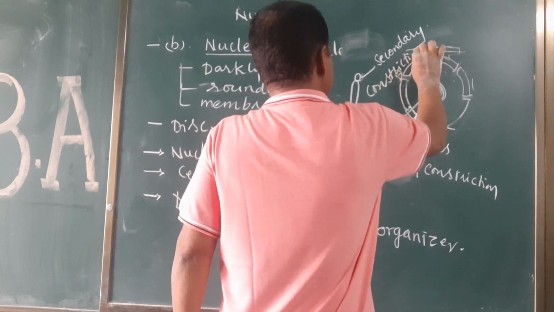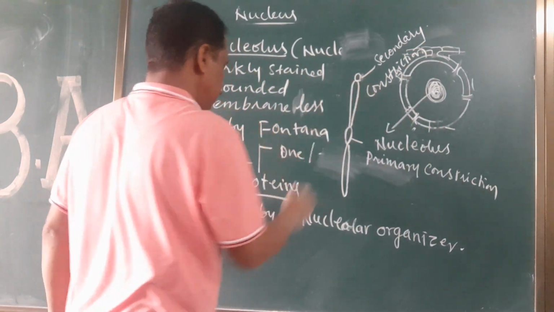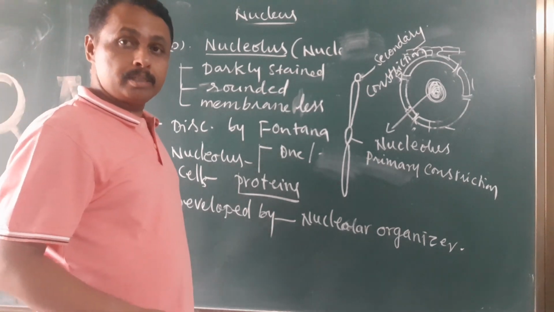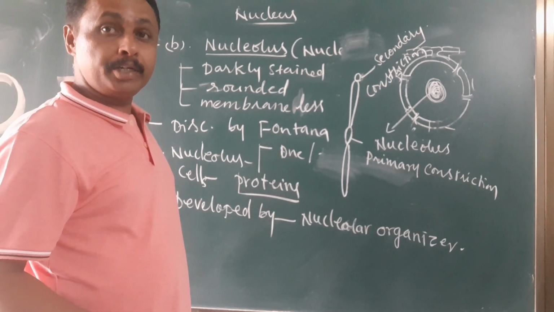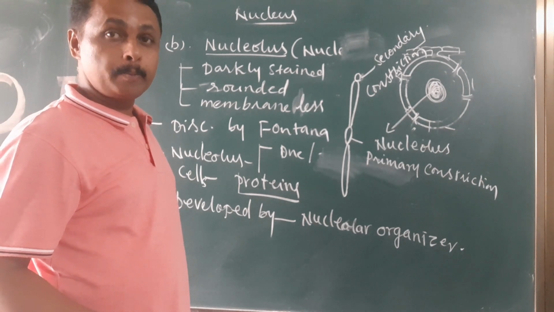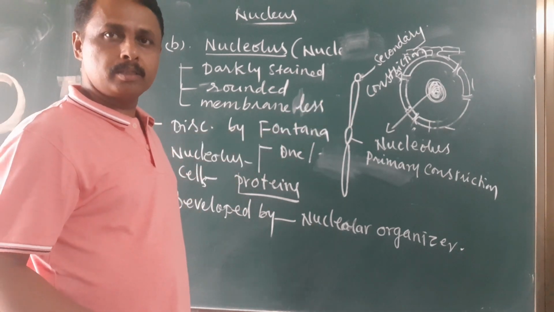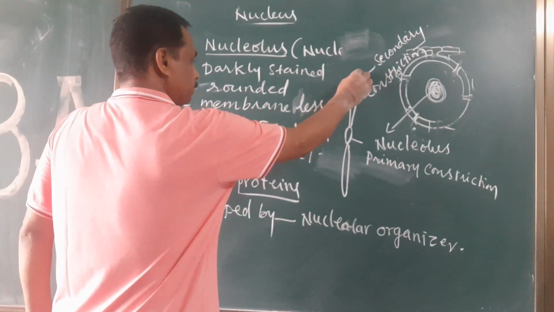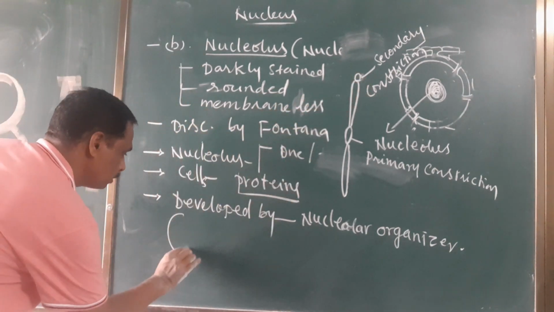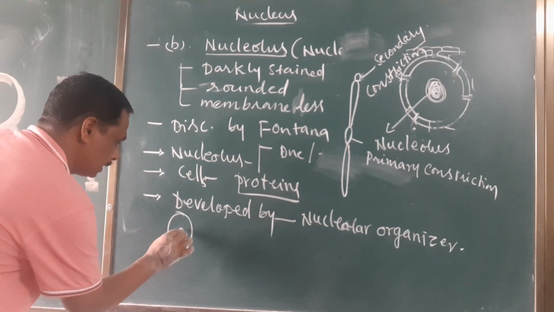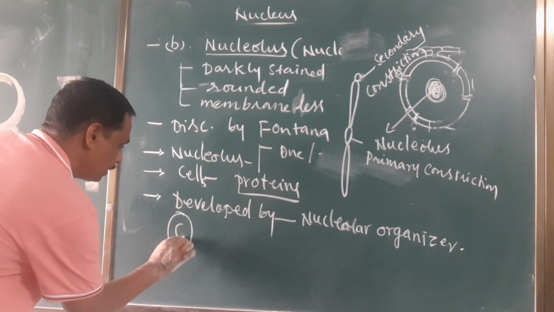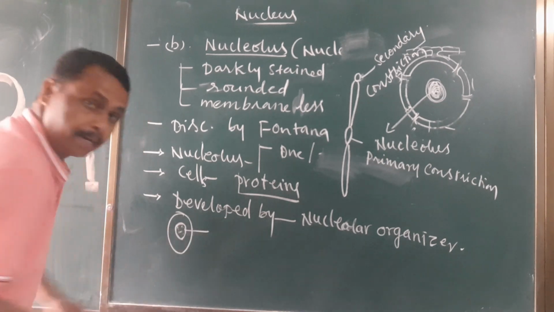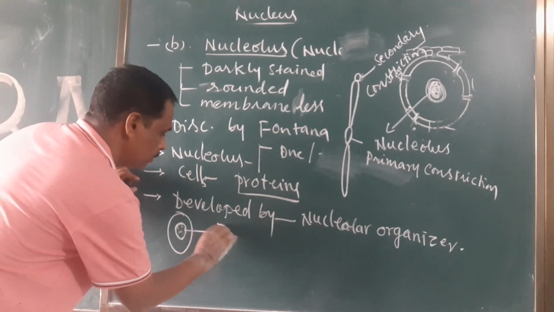When you look at this secondary constriction, it is the site for the formation of the nucleolus. This is the secondary constriction of the chromosome. In the center part, what is present? There is a fibrillar part. The center part is called the fibrillar part.